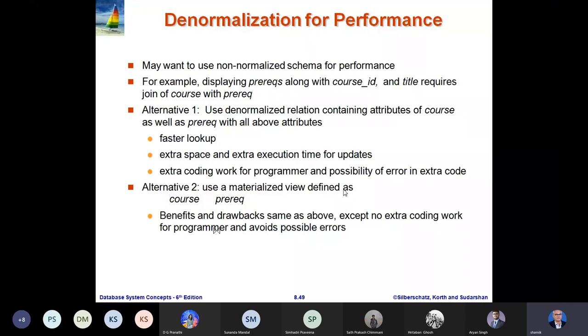That process will update the base tables and also update the materialized views. Because of this, there is no chance of stale data in the materialized views, since the process that updates the base tables also updates the materialized views.